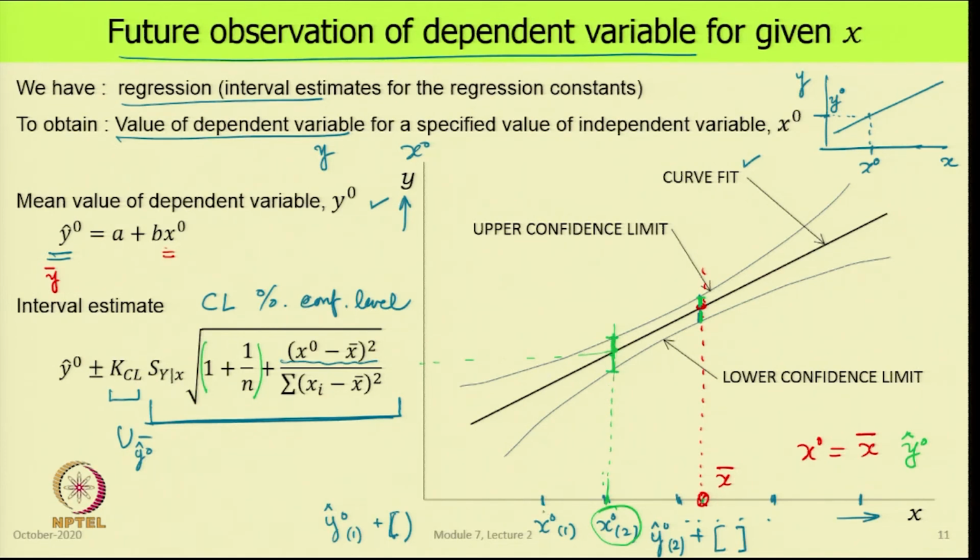Then we take a third point and say, I will come to x 0 1 bar. So, at this value we use the a plus b x relation and from there we get our corresponding y value, which is over here. And now we say, well, what is the uncertainty in this? We will go back to this expression. Now we put the x 0 value that we have, and we note that the x 0 value in the first case is greater than the x 0 value in the second case.